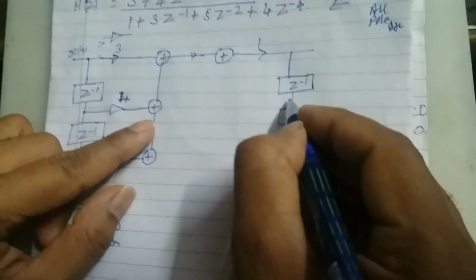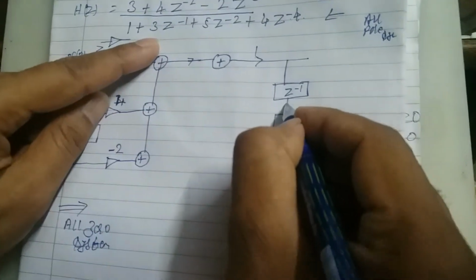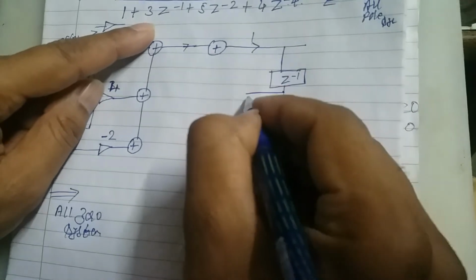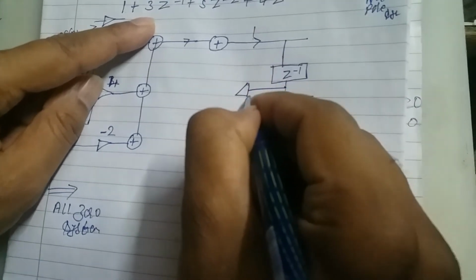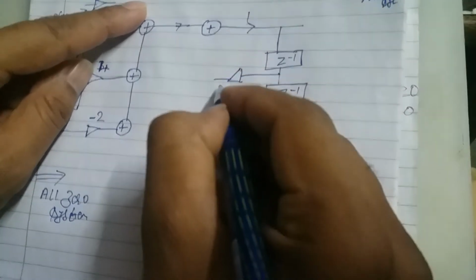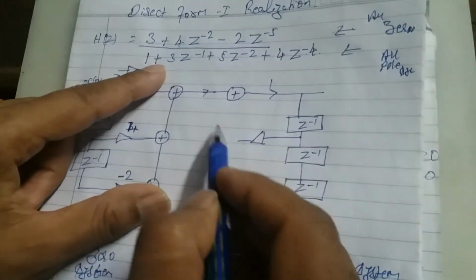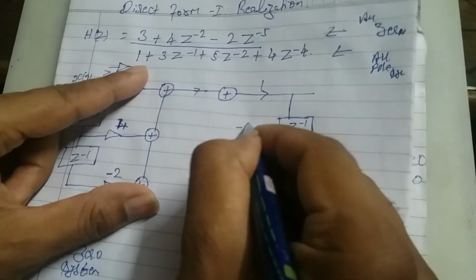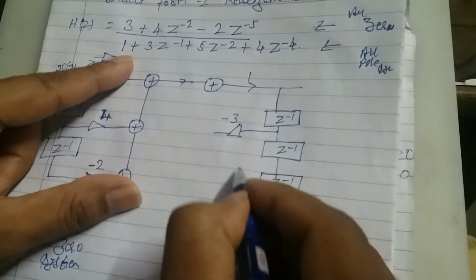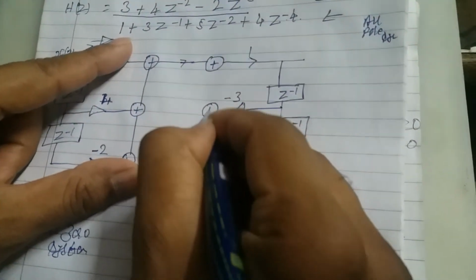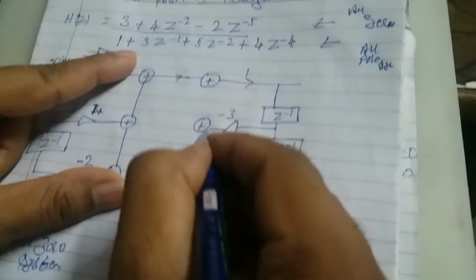Now I have the first delay here, it's been given to 3. Since the sign is plus 3 here, you have to flip the sign, as I told, so it becomes minus 3, and it should be given to the summing amplifier, right?